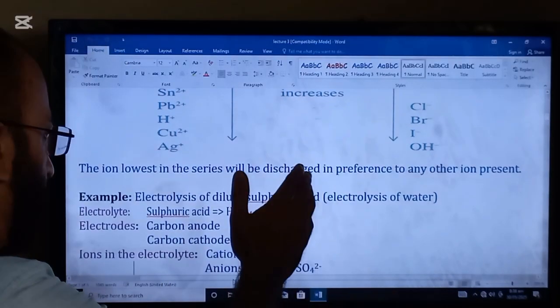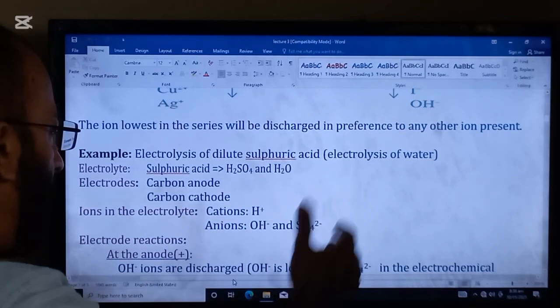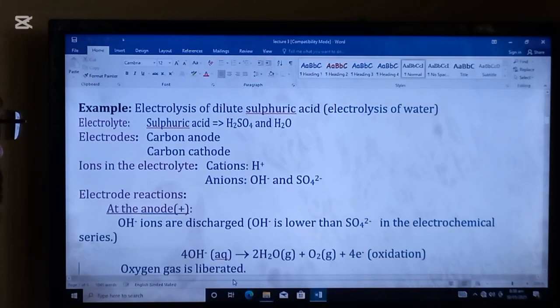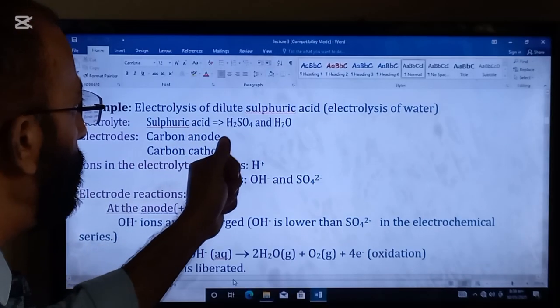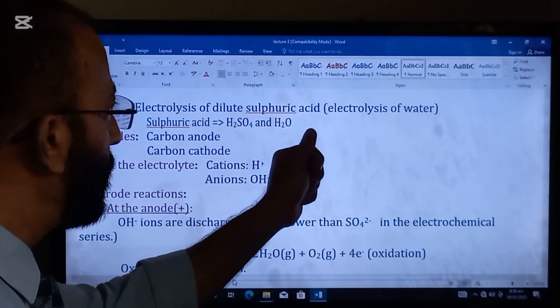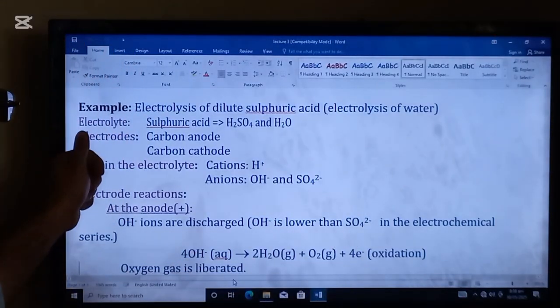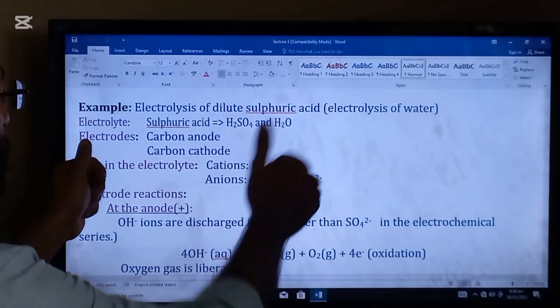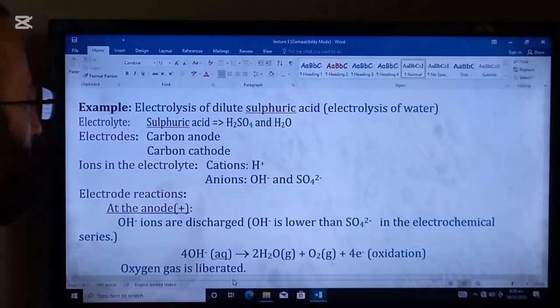So this first factor will be explained in more detail with the help of an example. The example is electrolysis of dilute sulfuric acid, electrolysis of the water. The electrolytes present in the dilute sulfuric acid are H2SO4 and water.